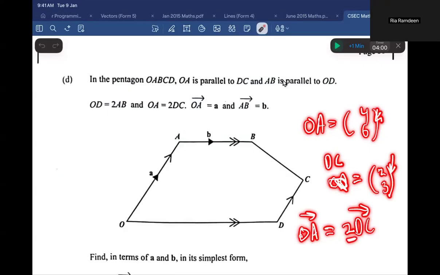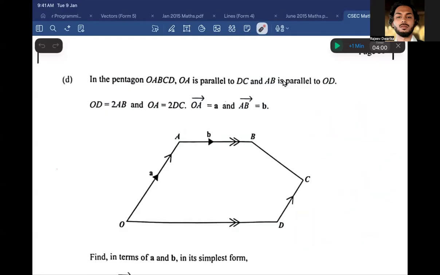So if you want to show that a vector is parallel, then you need to show that the bigger vector could be written as a scalar product of the smaller vector, or vice versa, where you take the bigger one and write it as a fraction of the smaller one. I probably confused all of you, but let me do the question and you will understand.